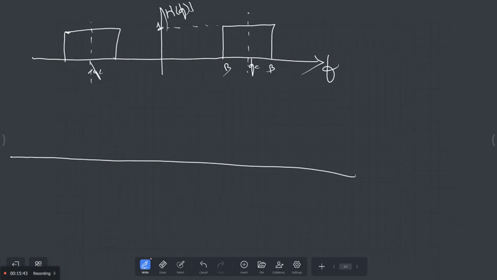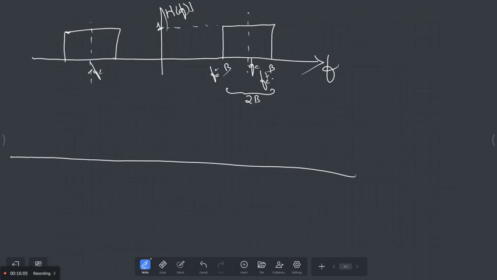This is also B, this is also B. That means this is Fc minus B, this will be Fc plus B, yes or no? If this is 2B, okay, so this will be Fc minus B, this will be Fc plus B. It's quite obvious from here, all of you can understand this, right?